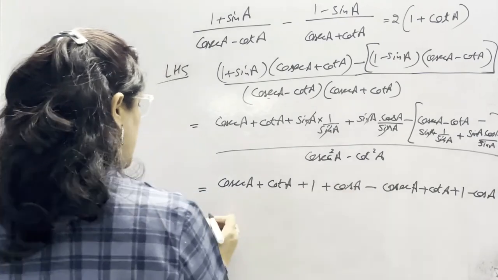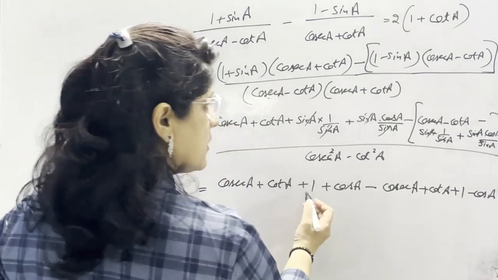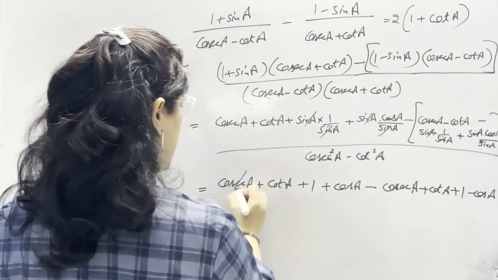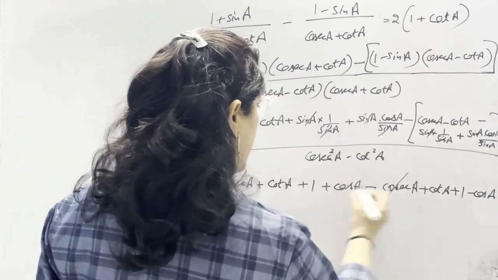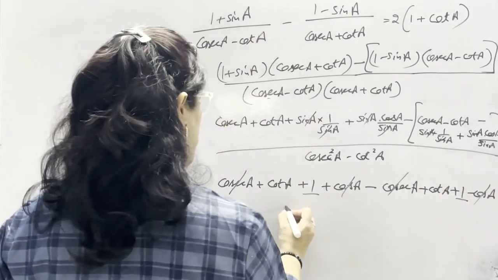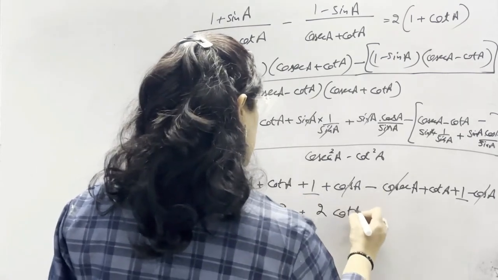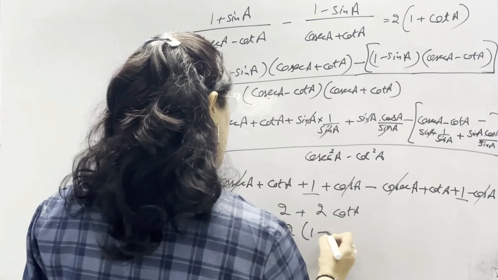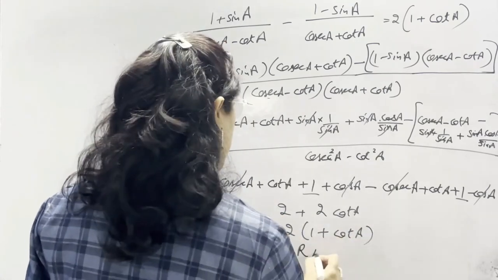In the denominator we have only 1, so we can leave it. Now this cosec a and minus cosec a cancel, and we have cot a, 1, cot a and 1. Cos a again cancels. So 1 plus 1 is 2, and 2 times cot means 2 cot a. So we can take 2 common: 2 times 1 plus cot a. This is our right hand side.